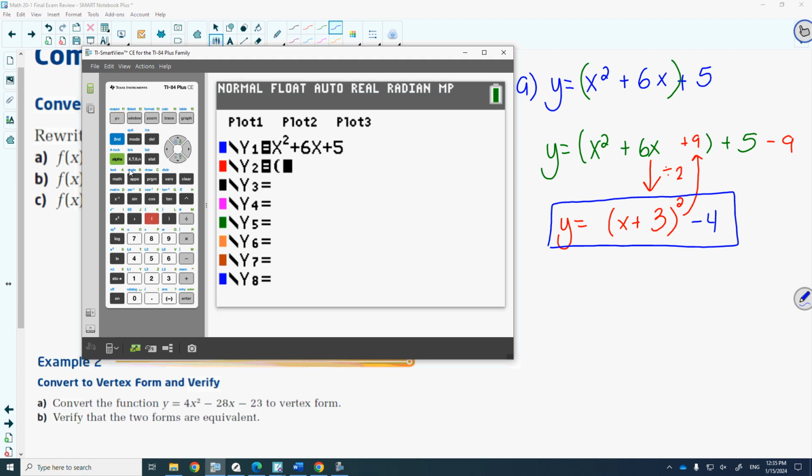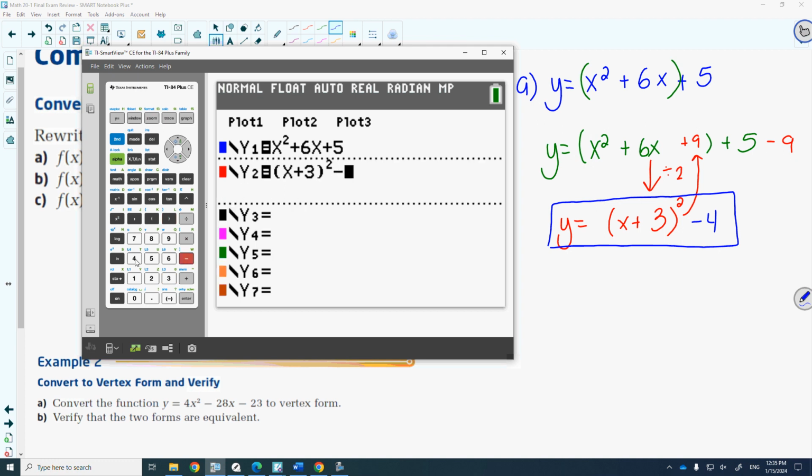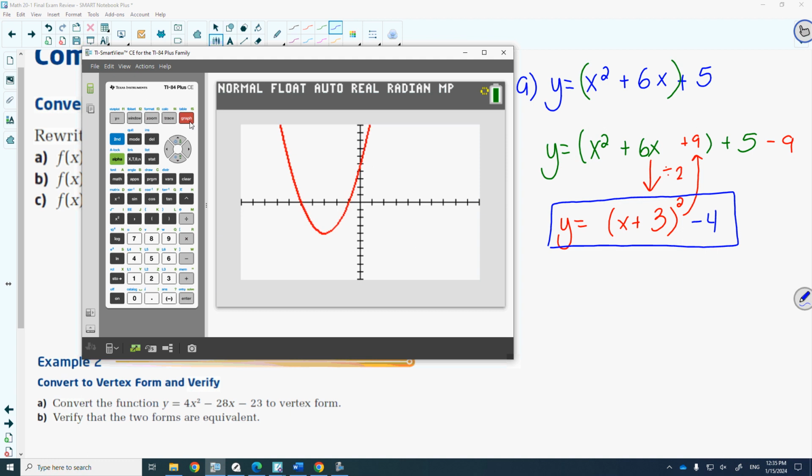So open bracket, x plus 3, close bracket, squared, minus 4. If you get the exact same answer, you did it correctly. So the vertex of this graph, if I take out my p and my q value, my p value is negative 3 and my q value is negative 4, which makes sense.